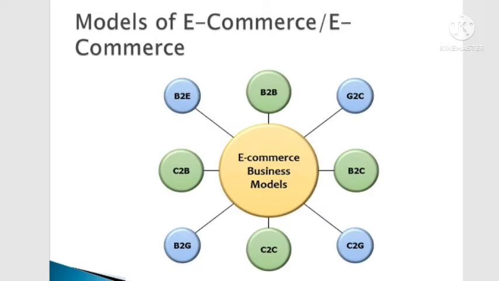Now let's talk about the new business models. These business models are B2E, G2C, C2G, and B2G. That means here we have business to employees, government to customer, customer to government, and business to government models. Now let's discuss them.